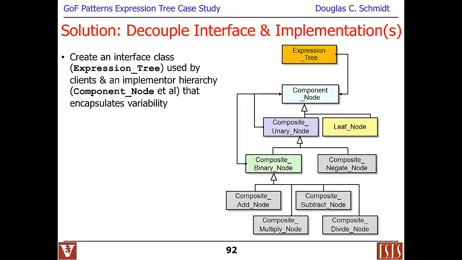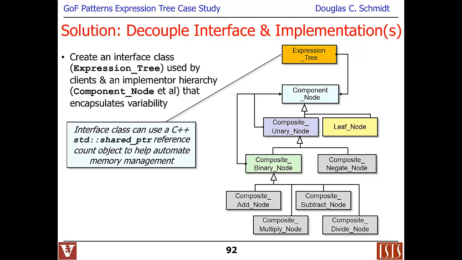Then we're going to have an implementer hierarchy rooted at component node, which is our composite, and that's going to have all the different variability involved here. That's going to have the different kinds of subclasses for leaf nodes and composite multiplication nodes, composite add nodes, unary nodes, etc. All that stuff is going to be hidden, and that's not going to be exposed to the clients.